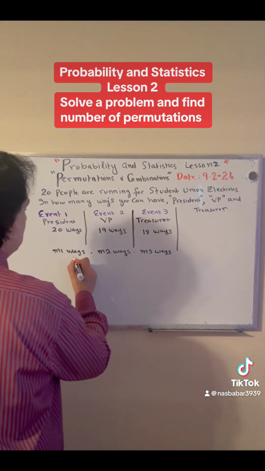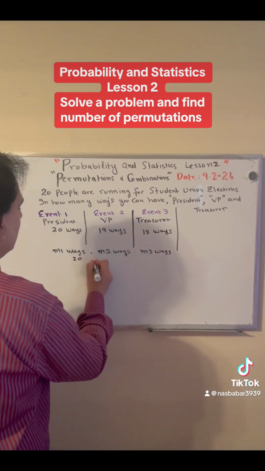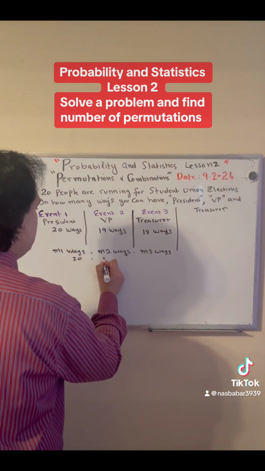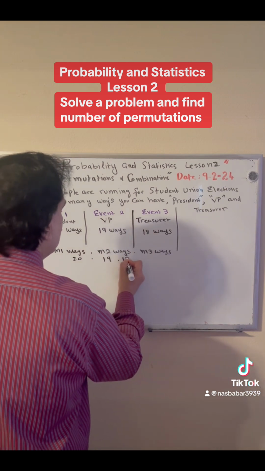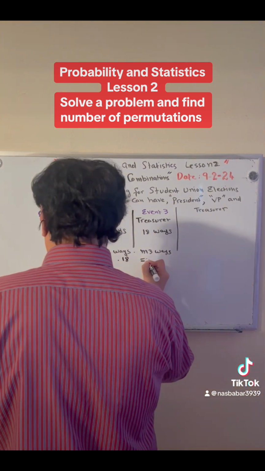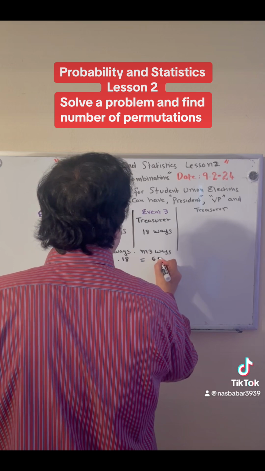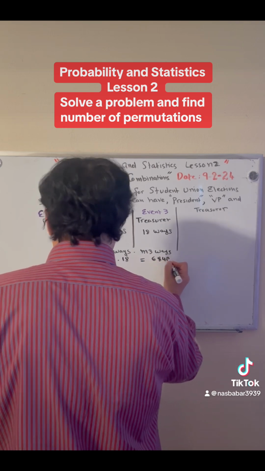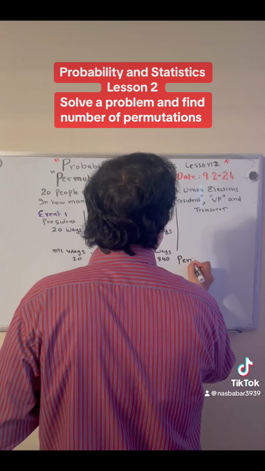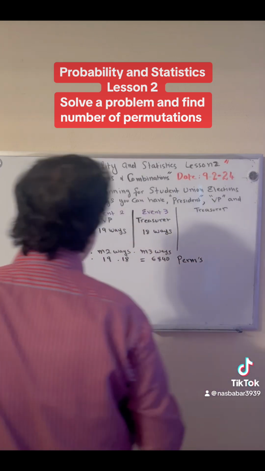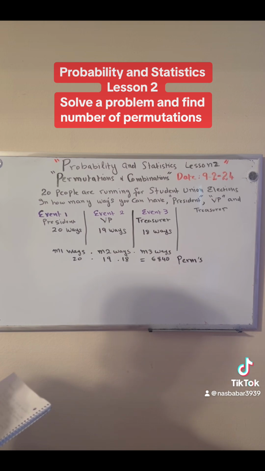M1 is 20, multiplied by 19, multiplied by 18, gives you 6,840 permutations, or I'm going to write it down as perms for short. So how easy was that?